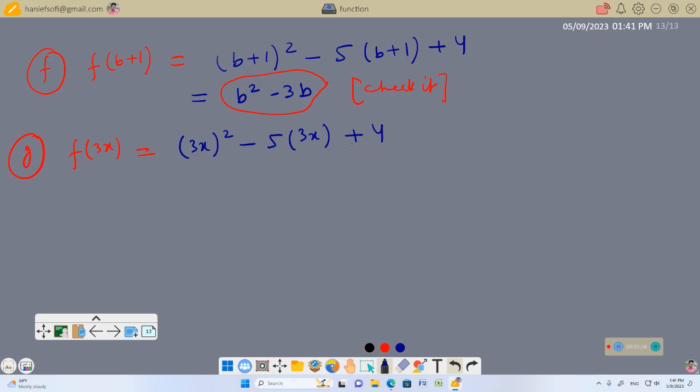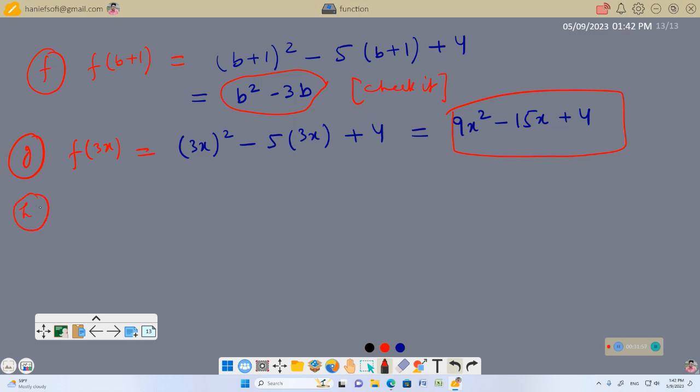When you solve it, what does it become? It becomes 9x square, 3x whole square, 9x square minus 15x plus 4. So f of 3x is 9x square minus 15x plus 4. This is your another answer.